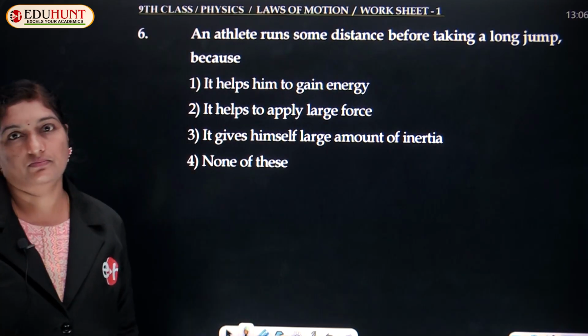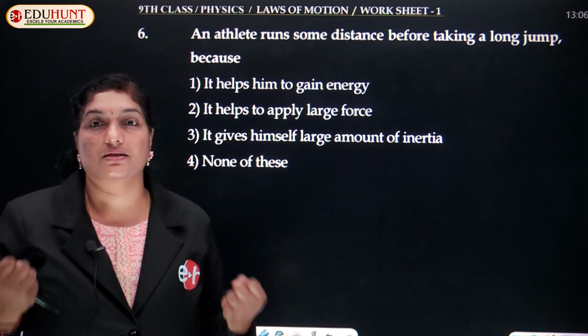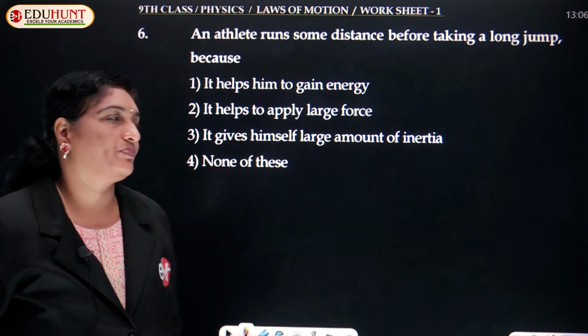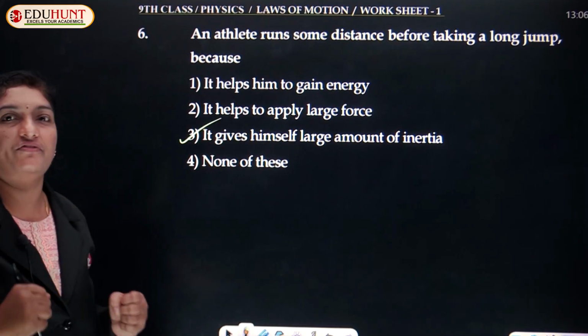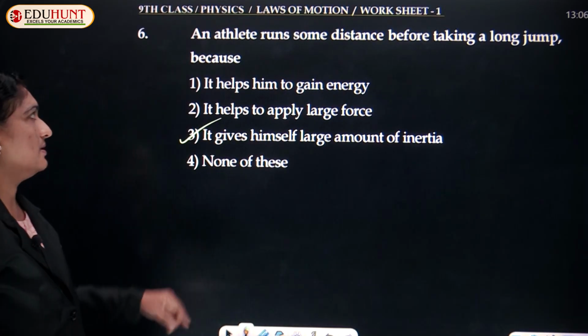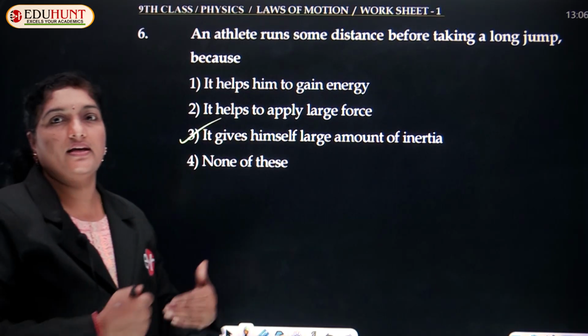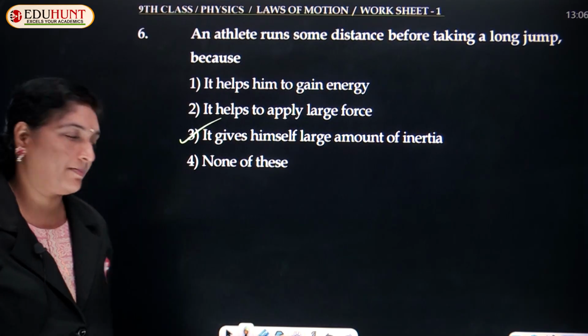Not energy or force, it's all about the inertia. It gives him a large amount of inertia so that he can jump a larger distance. More inertia means a larger distance he is able to jump.